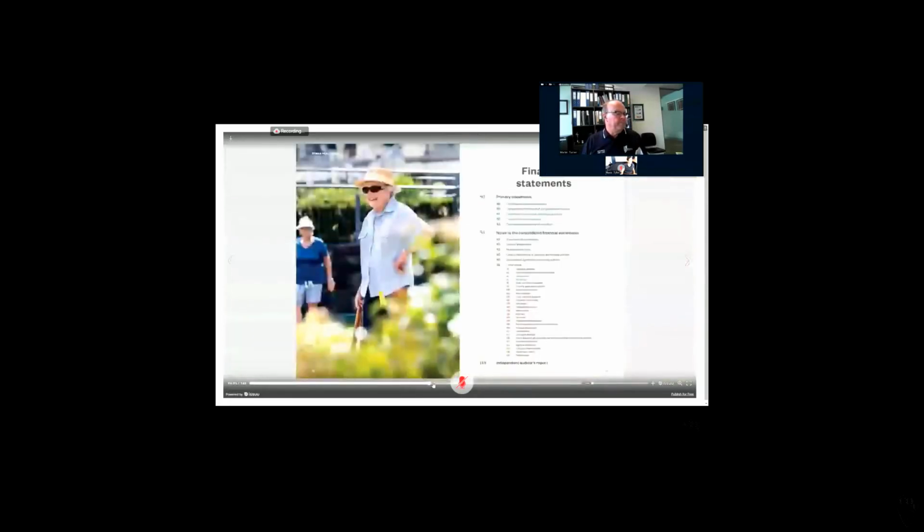And we'll have a look at Ryman Healthcare's statement of changes in equity. So here's Ryman's consolidated statement of changes in equity, and it's for the year ended 31 March 2019, so it's for a period.